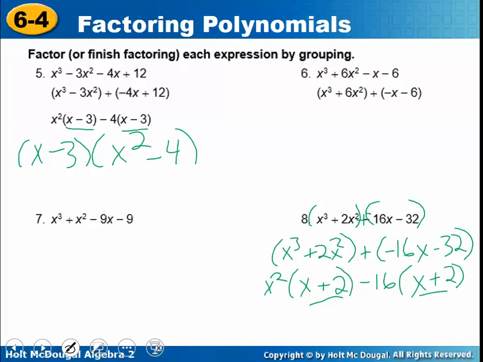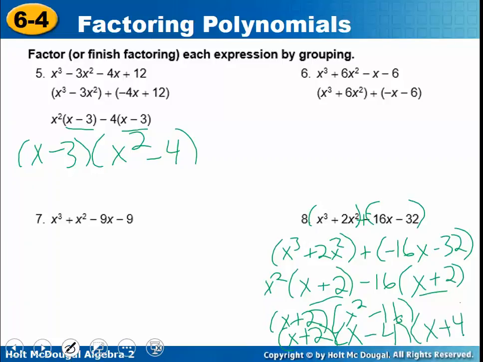Now we have the same parentheses, same binomial, and x squared minus 16, if it's a perfect square minus a perfect square, that can be factored as x minus 4, x plus 4. And you can check by foiling, but that one should work just fine.